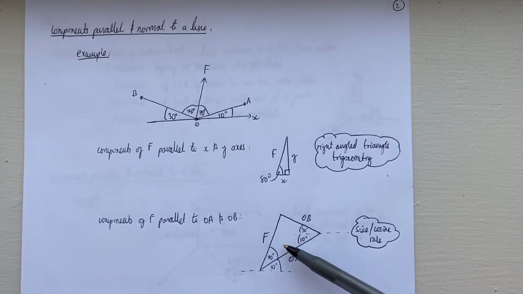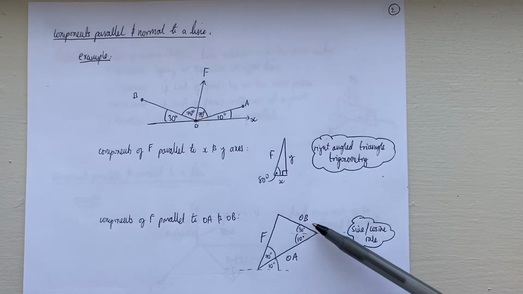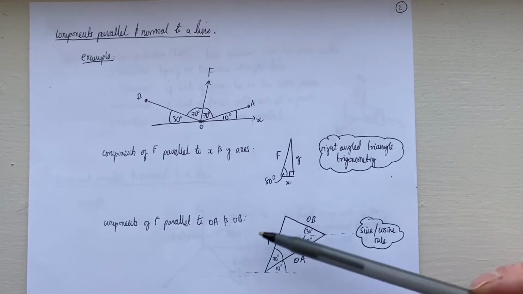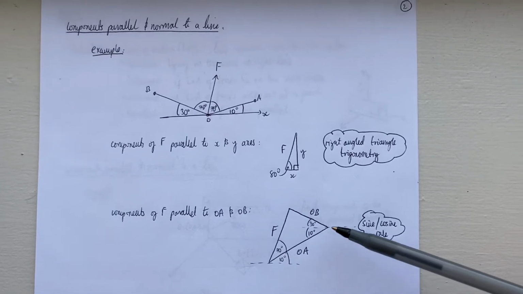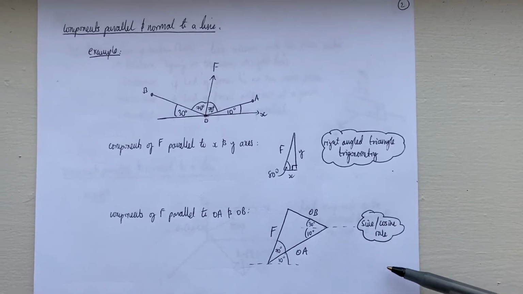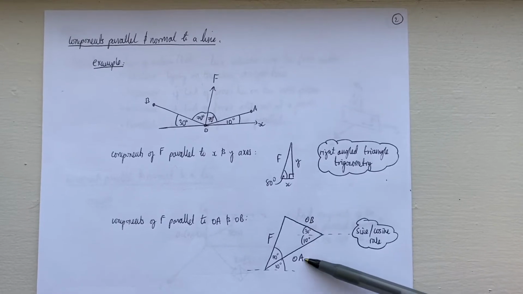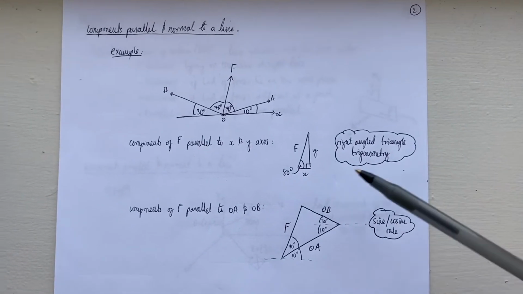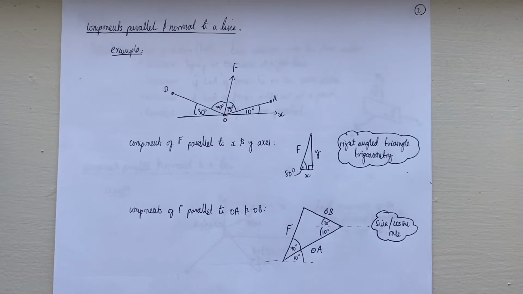And then I can find this angle because I know these two, and then because I'm now dealing with a non-right angled triangle, I can use the sine and cosine rules to find these lengths OA and OB. And by doing that, I've found components of this vector f parallel to OA and OB.